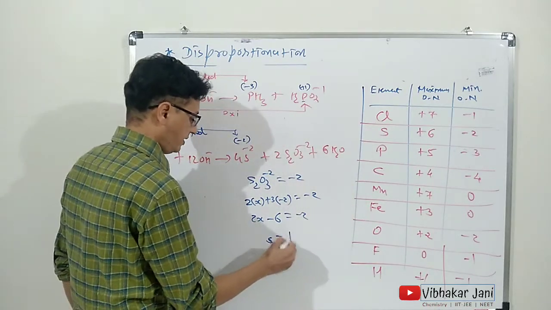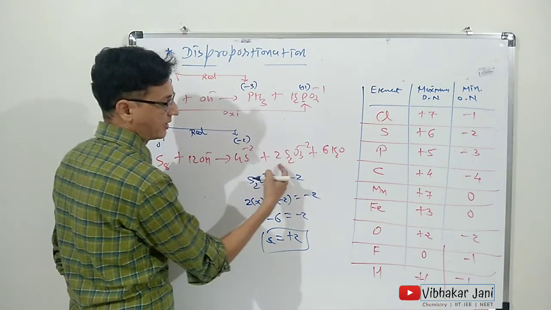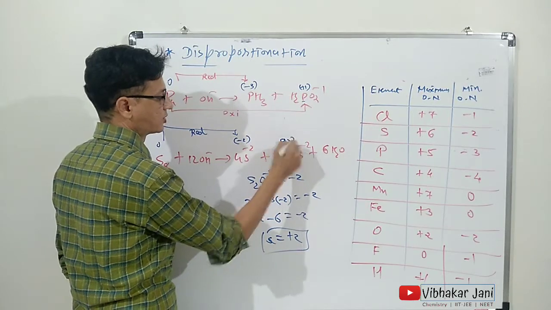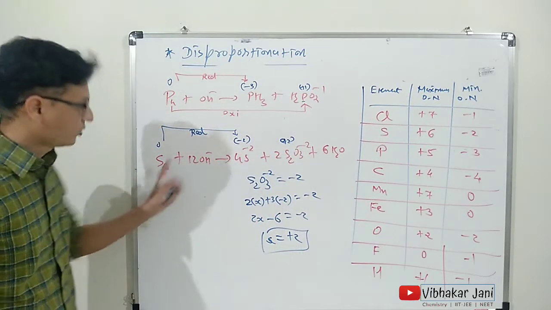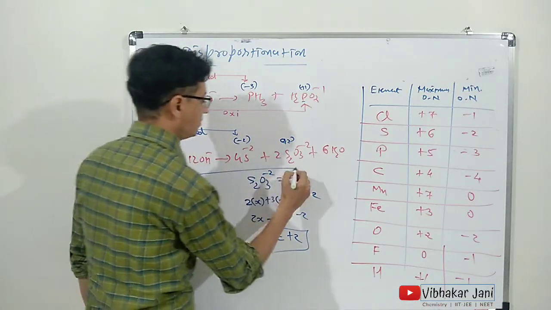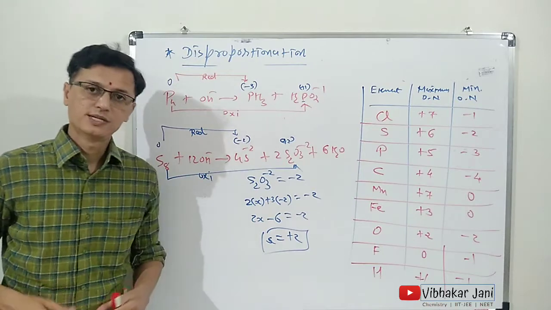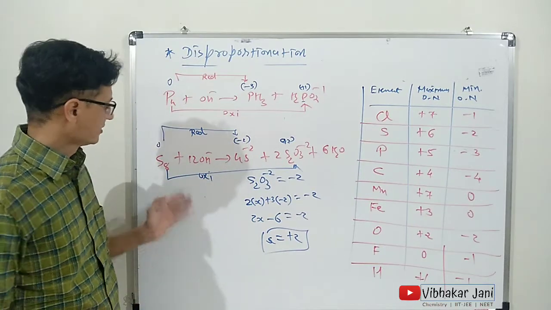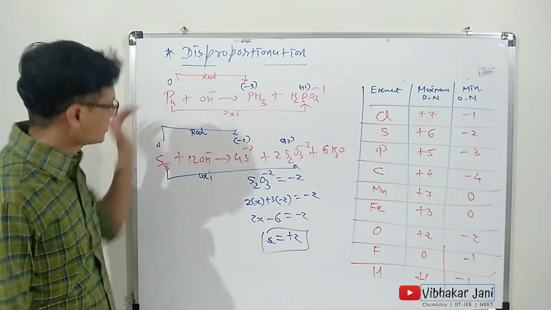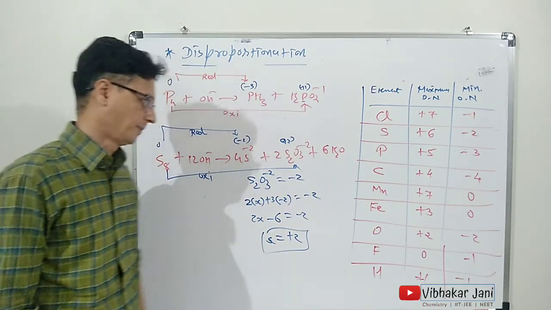So ultimately we will have plus 2 oxidation state of sulfur in S2O3 minus 2. It is plus 2. So from 0 to plus 2, that is increased. So if the oxidation state increases, it is known as oxidation. So here sulfur is having oxidation as well as reduction, therefore it is an example of disproportionation.